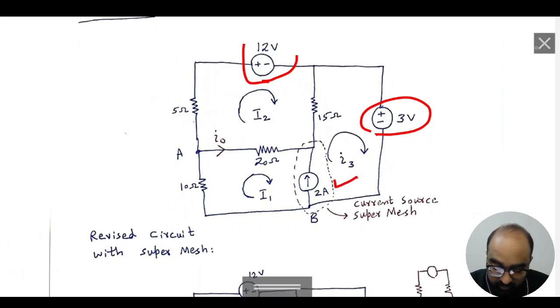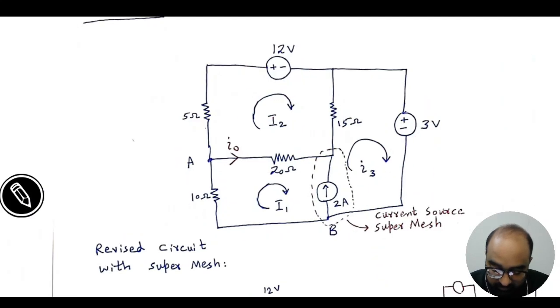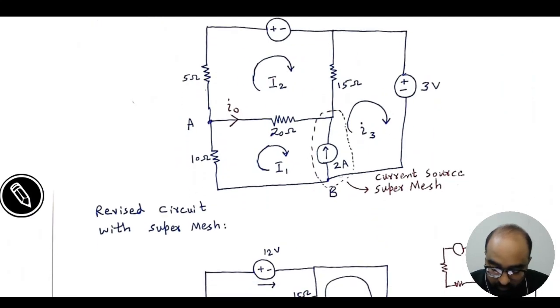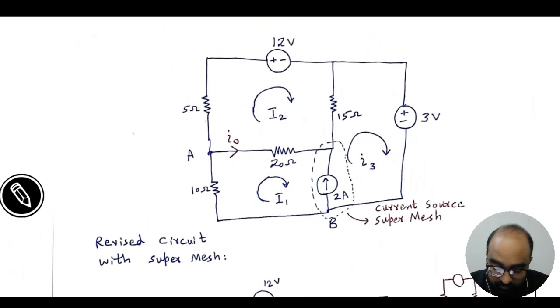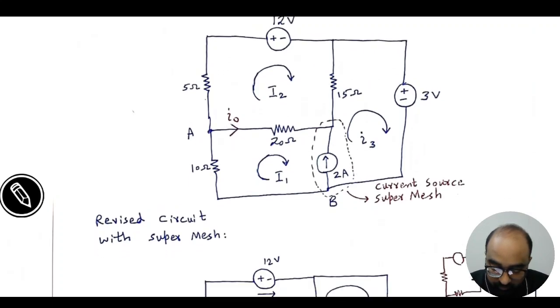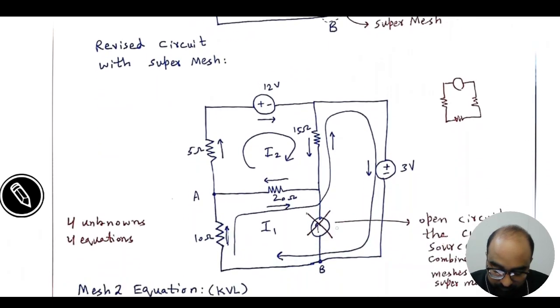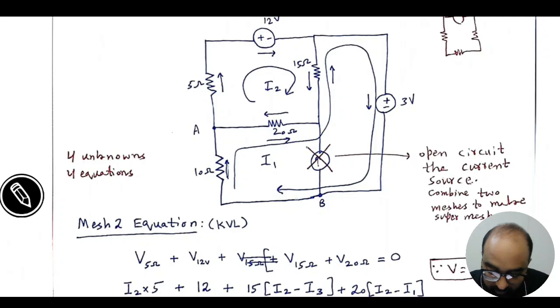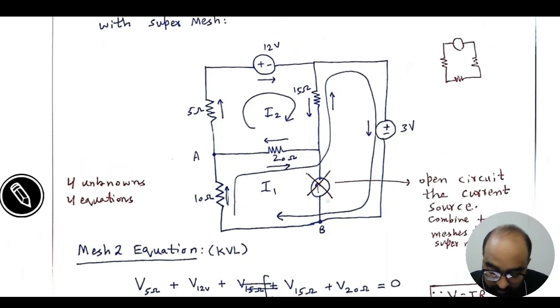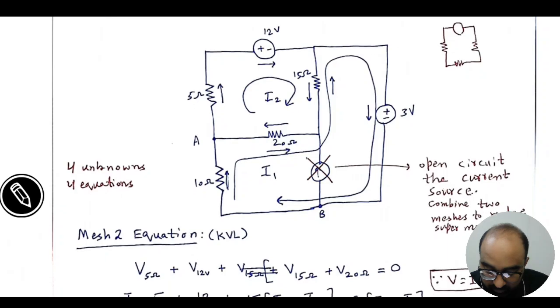So whenever there is a current source in between two meshes, the technique is slightly different. What we have to do is ignore this current source and consider it like an open circuit.